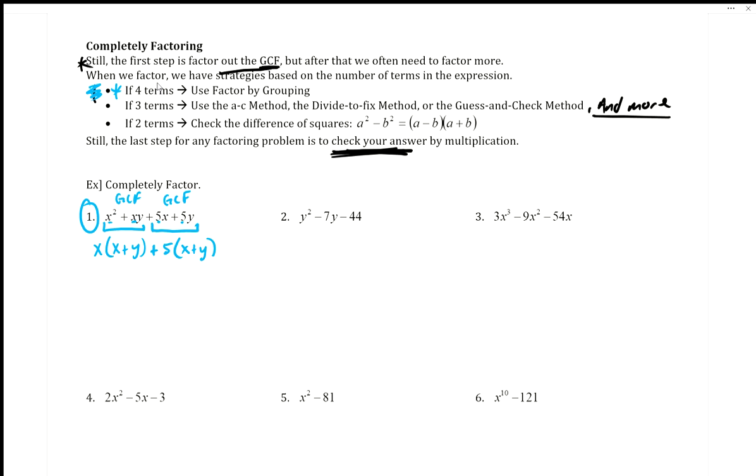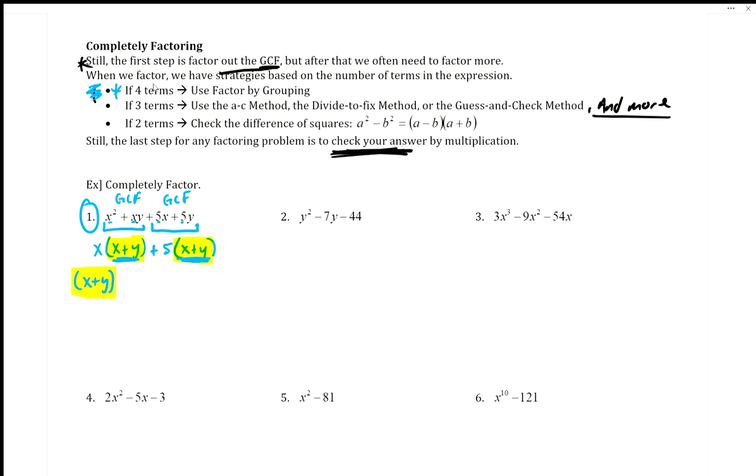Now that we factored the first 2 terms and the second 2 terms, we see these 2 terms in the parentheses that I'm highlighting are the same. Because they are the same, we can factor that out. x plus y was the same in both of these terms.